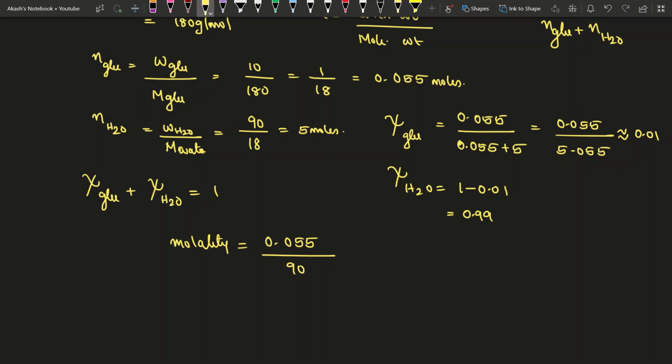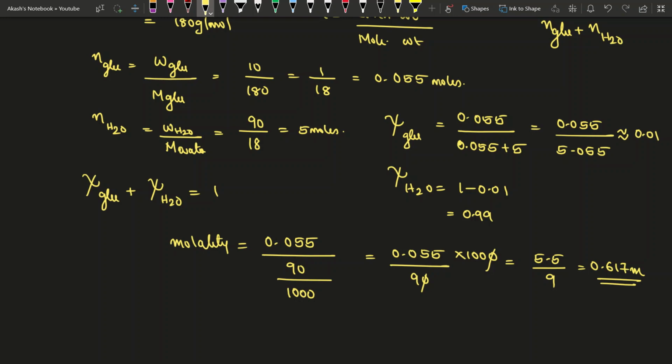That means 90 gram, and to convert to kilogram you need to divide by 1000. So it will become 0.055 divided by 90 into 1000. These two get cancelled, so you will get 5.5 divided by 9. When you simplify it, you will get 0.617. The unit of molality is molal, letter m. So we have calculated molality.